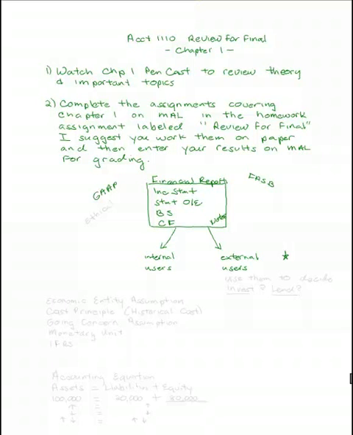External users who are familiar with generally accepted accounting principles should be able to use these financial statements to answer investment questions. They should be able to use them to decide if they want to invest in a business or not, or lend the business money or not.